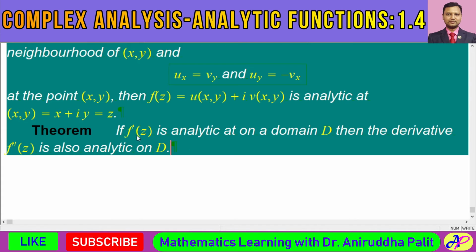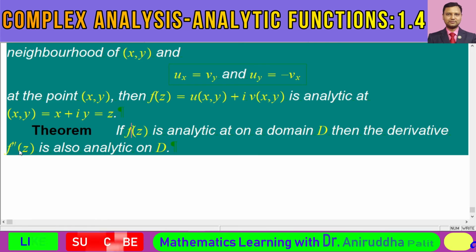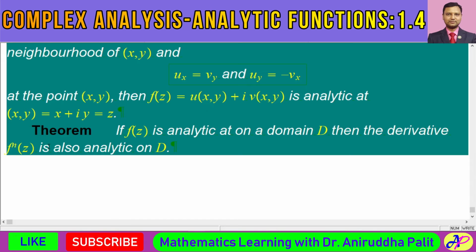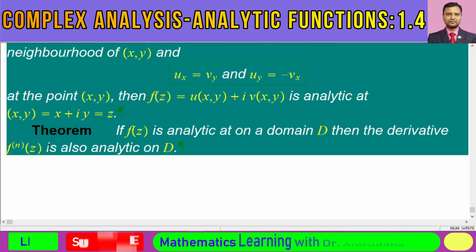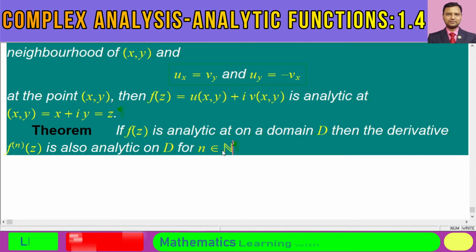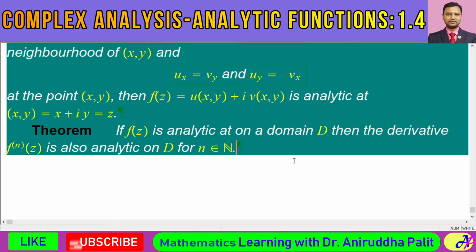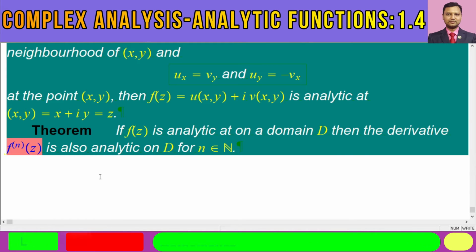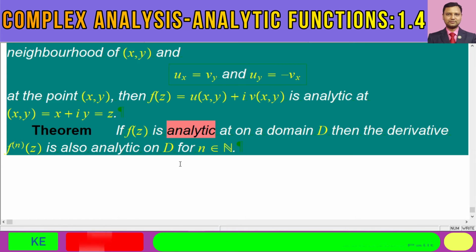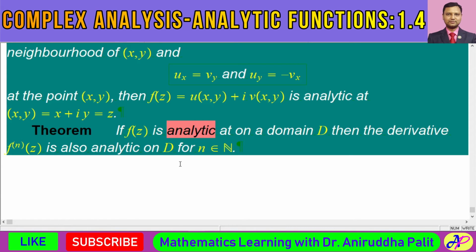So we can say that if a function f of z is analytic, then the nth derivative f^n(z) is also analytic on D for n belonging to the set of natural numbers N. So for all positive integers, these derivatives exist, and all such derivatives are also analytic on D. That is a very powerful concept of analyticity, that if a function is analytic, then all its derivatives of any order are all analytic functions.